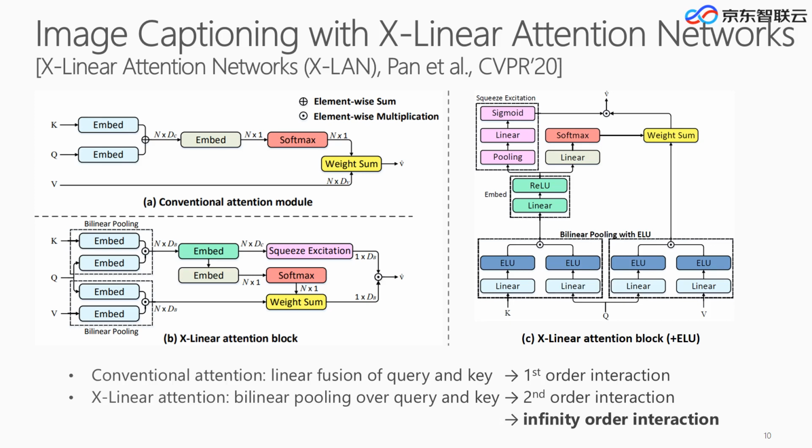Technically, the X-linear attention block simultaneously exploits both the spatial and the channel-wise bilinear attention distributions to capture the second-order interactions between the single-modal or multimodal features. Higher and even infinity order feature interactions could be modeled by stacking multiple X-linear attention blocks and equipping the blocks with an exponential linear unit in a parameter-free fashion.